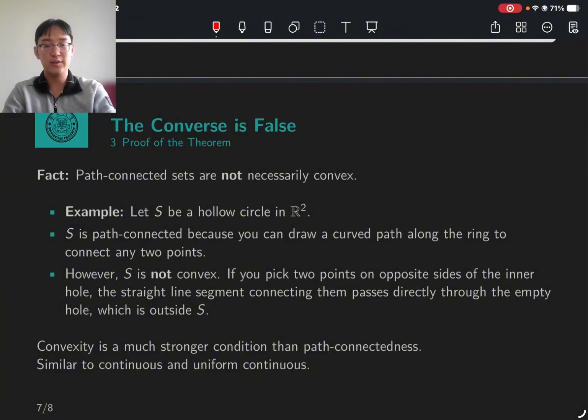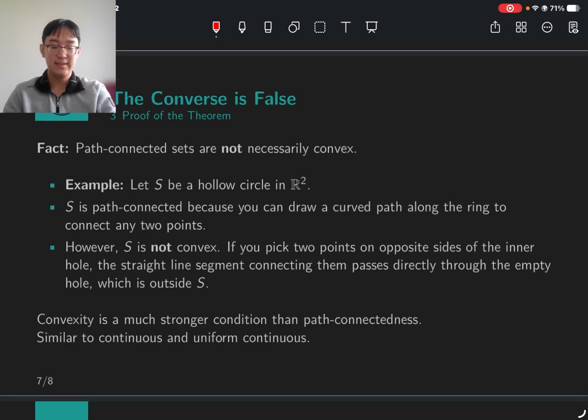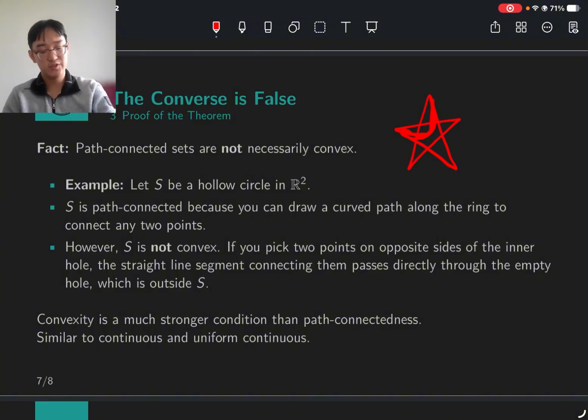For example, 1 over x is a continuous function, but it is not uniformly continuous. It is similar here. As we saw before, we drew a picture in which a star-shaped set is path connected, and we could draw a continuous function.